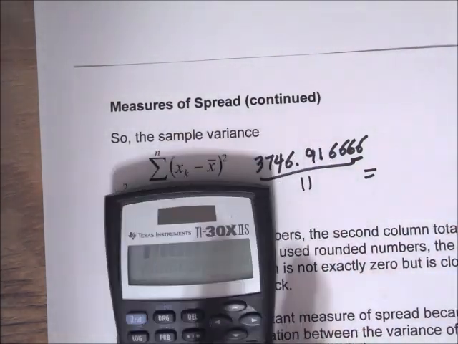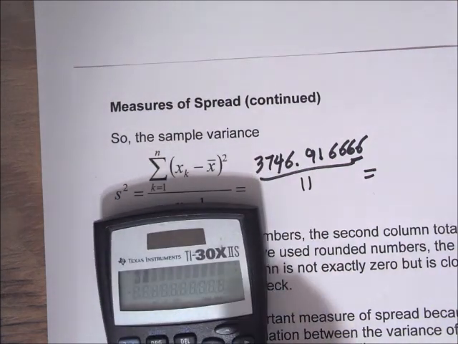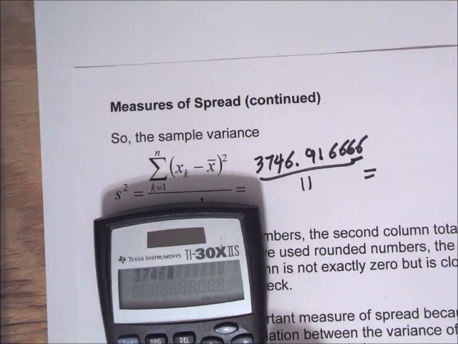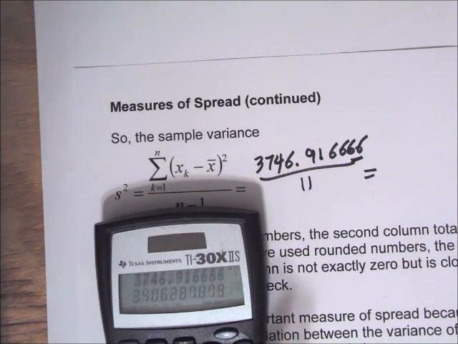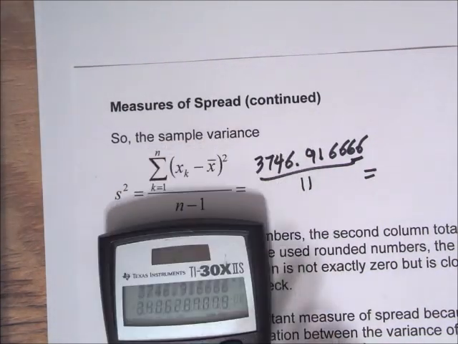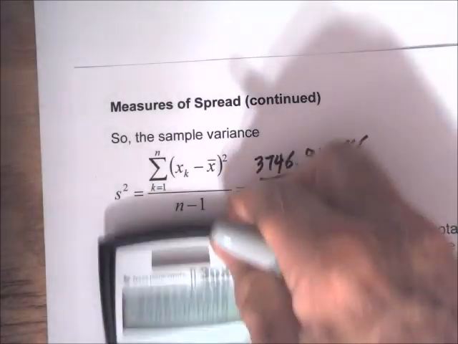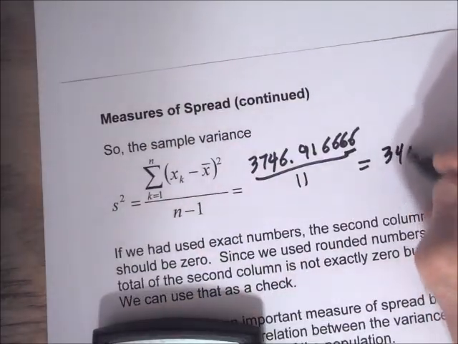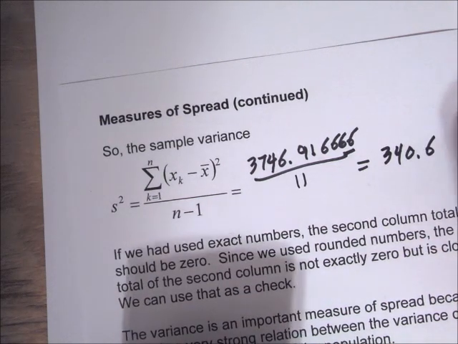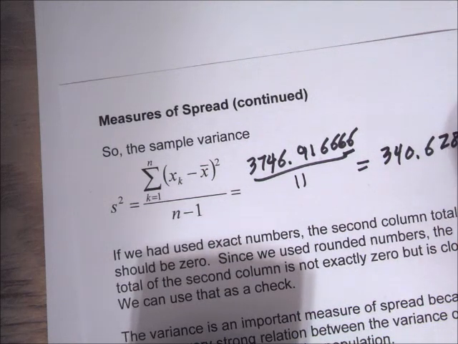So it's 3746.91 and repeating sixes divided by 11, and I get 340.6... 287.879.